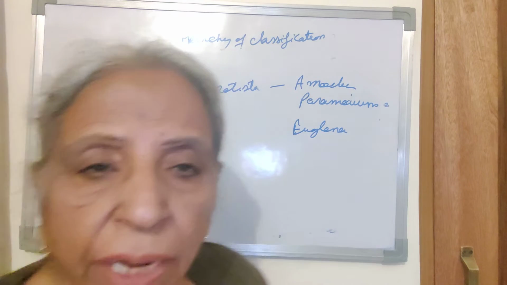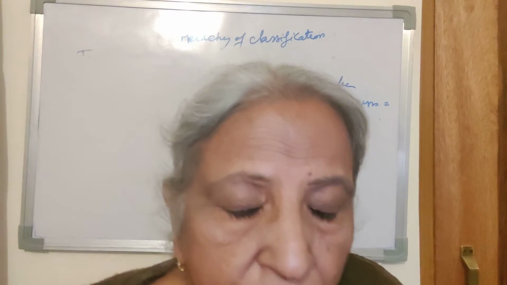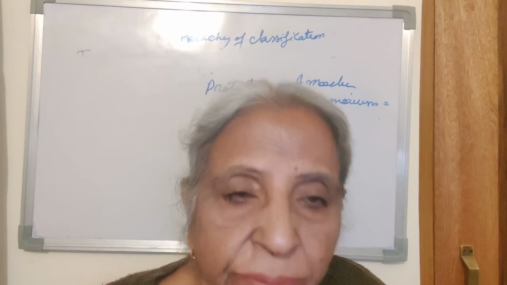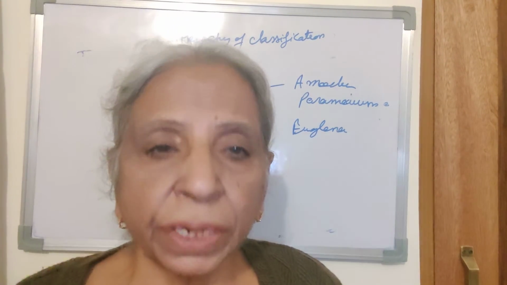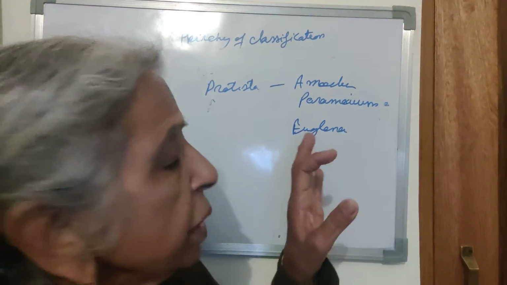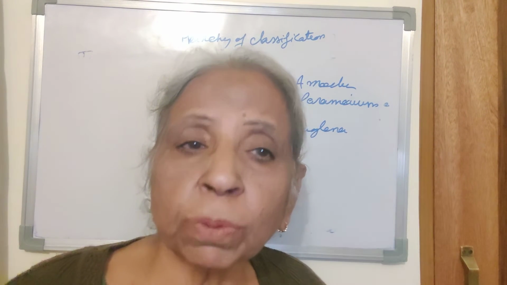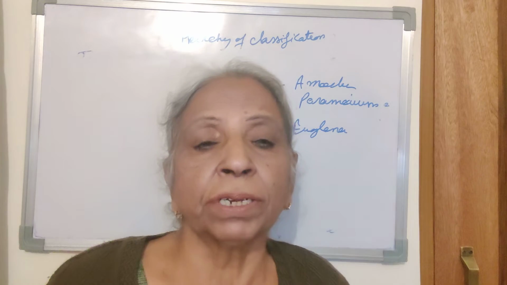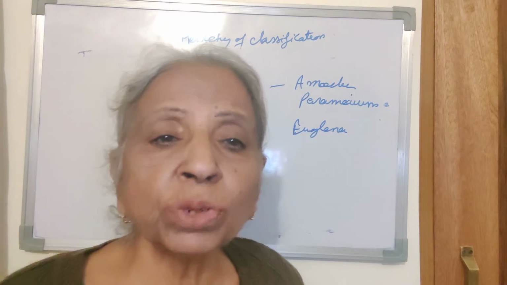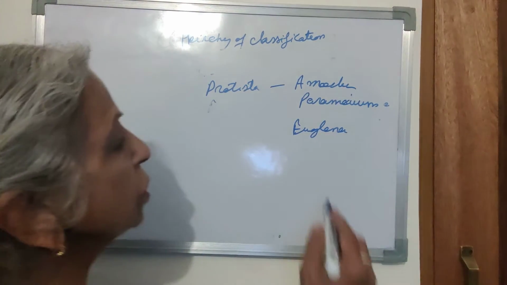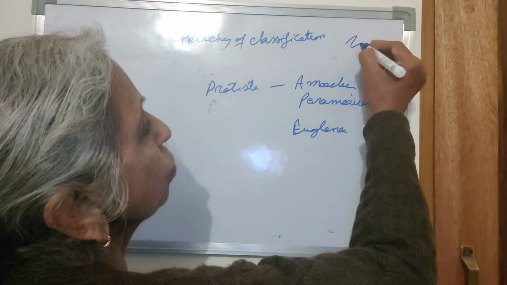In Protista, I told you cells are eukaryotic, they are unicellular, they may be heterotrophic or autotrophic. In this case, there are some kind of specialized protoplasmic extensions present which help in locomotion. In case of amoeba, these are pseudopodia.